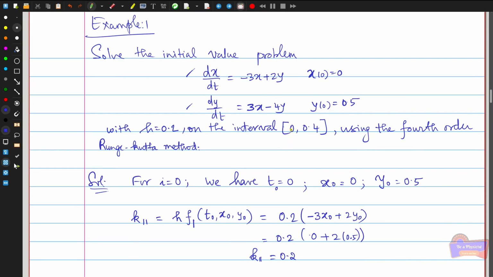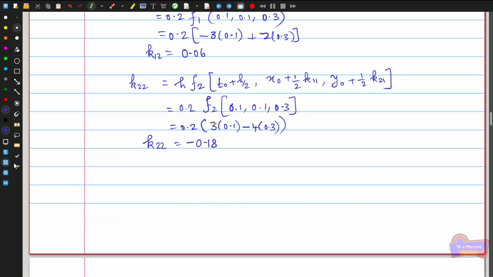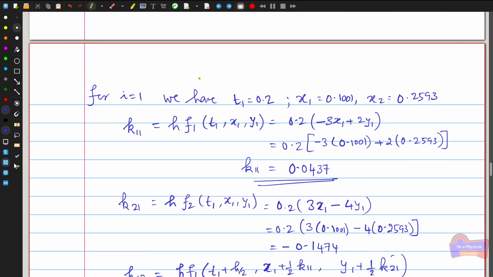So the initial value is given at 0, and we have calculated the solution at 0.2, and similarly at 0.4 using the fourth order Runge-Kutta method. This is how you can iterate each and every point, calculate the x and y values, and then plot it as a solution.